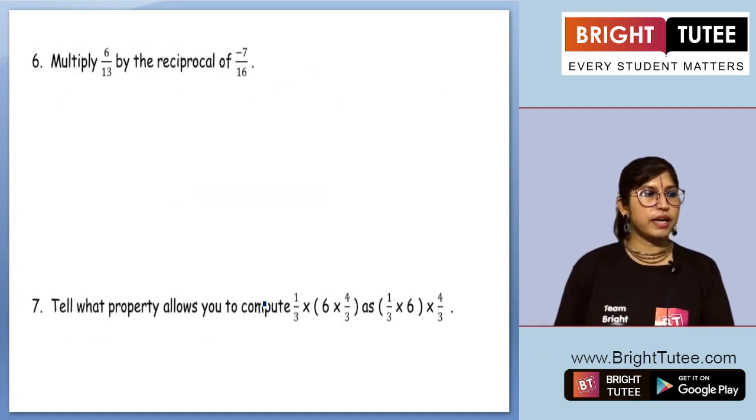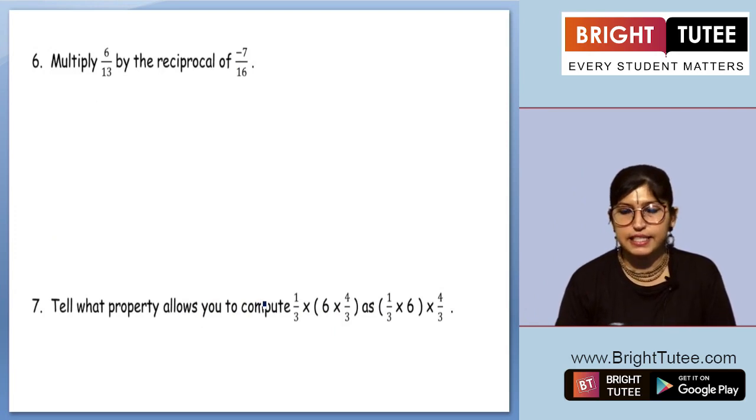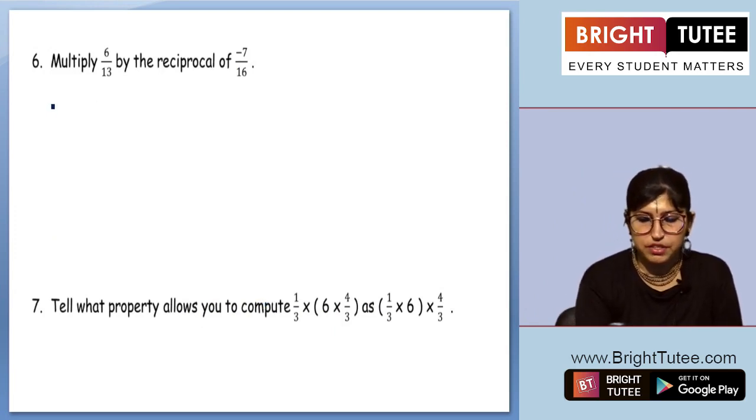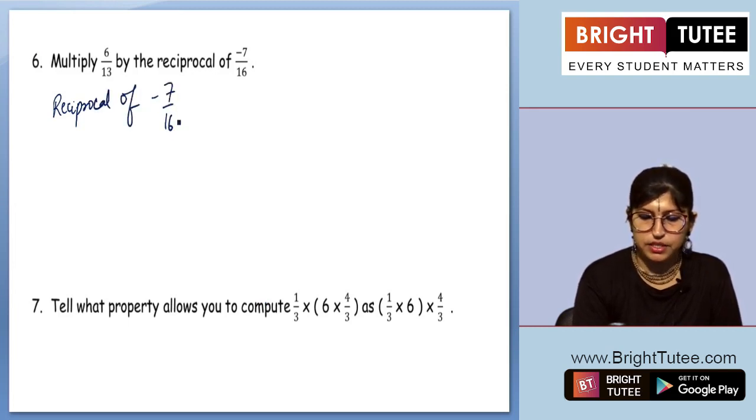Now we need to multiply 6 by 13 by the reciprocal of minus 7 by 16. So we'll start with the very first thing: the reciprocal of minus 7 by 16 is minus 16 by 7. So what do we need to do?